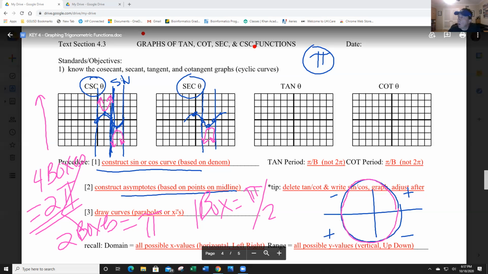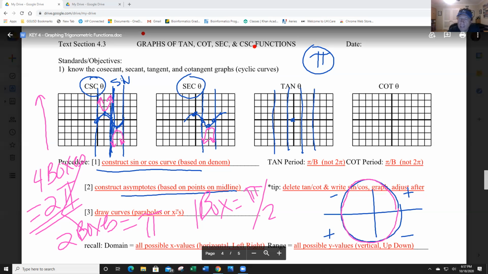Okay, all right, fine. So your basic graph for tangent will start in the middle here, and because the period is pi, that's 2 boxes, as you see there. And so I'm going to go 1 box on each side for my asymptotes, and I can do that continually if I want.